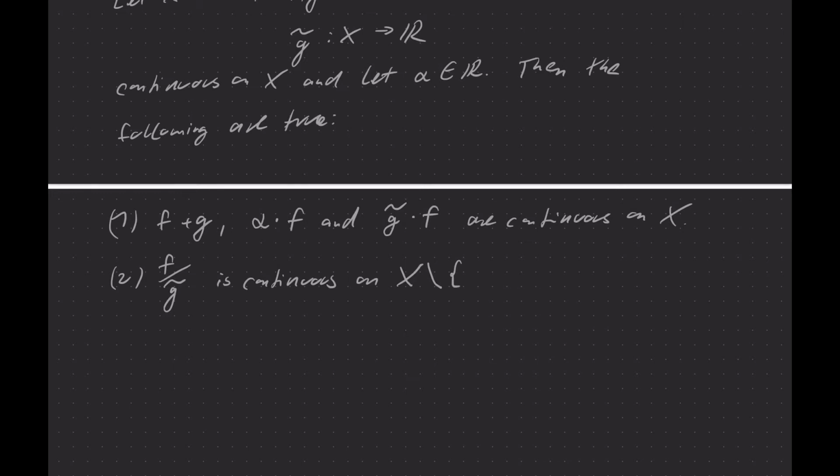So we need to take out all X in X where g tilde of X is 0. And same thing for the division by a constant, f over alpha is continuous, of course, for alpha not equal to 0.